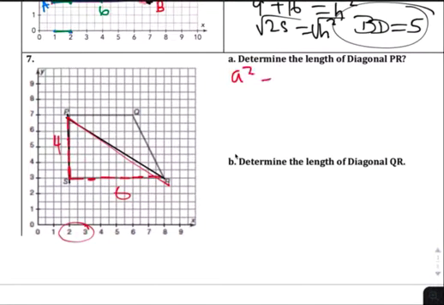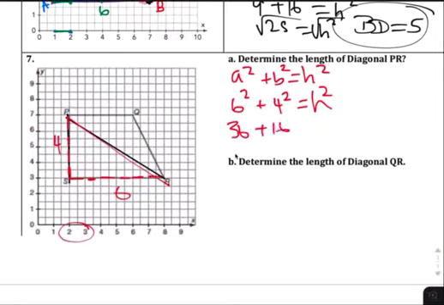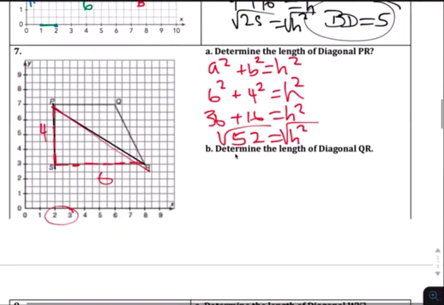A squared plus b squared equals the hypotenuse squared. 6 squared plus 4 squared equals the diagonal squared, or hypotenuse. 36 plus 16, 52. Take the square root of 52, use your calculator, and give me what PR is, okay?